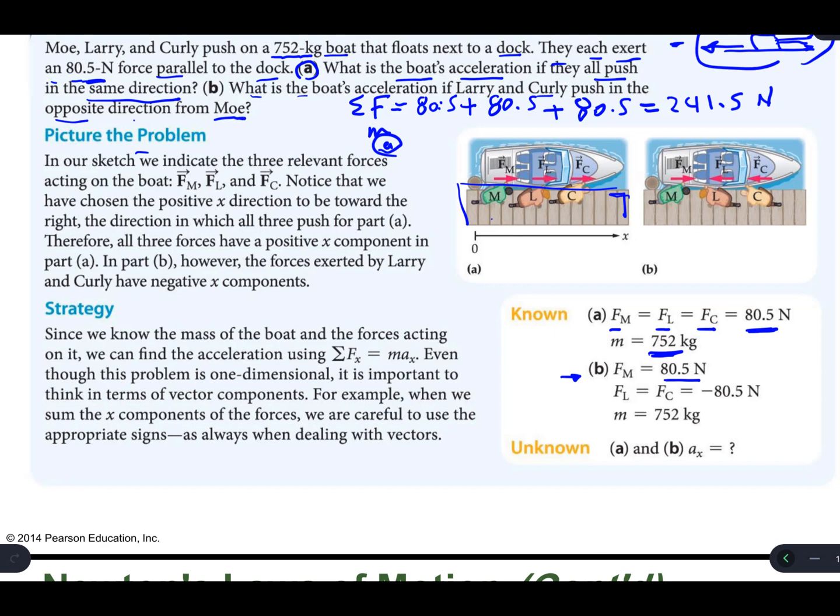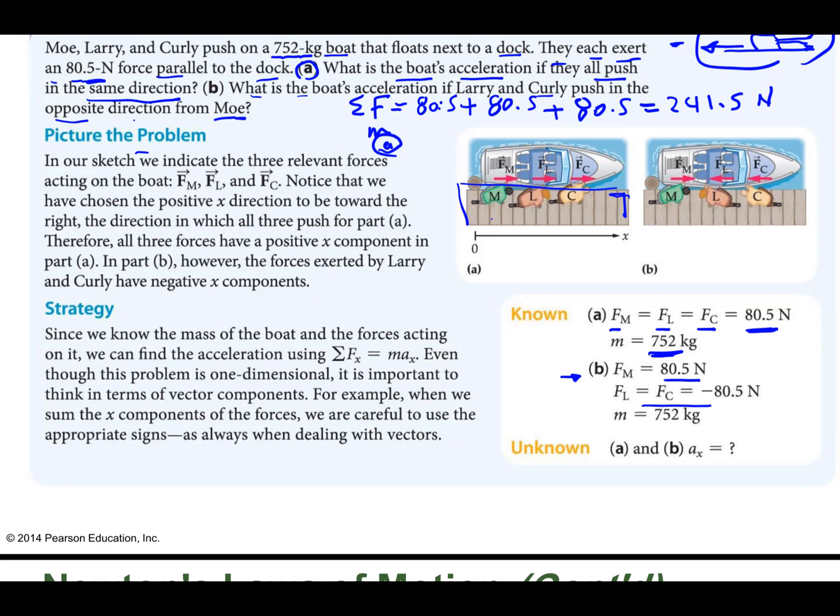So Larry and Curly both have negative direction. So when you subtract, the summation of force will be negative. It depends on the choice that you choose.